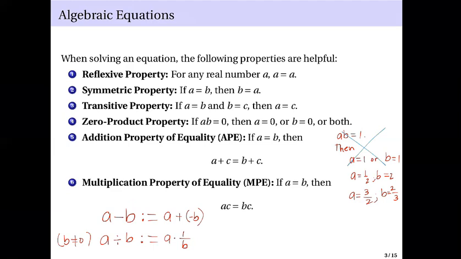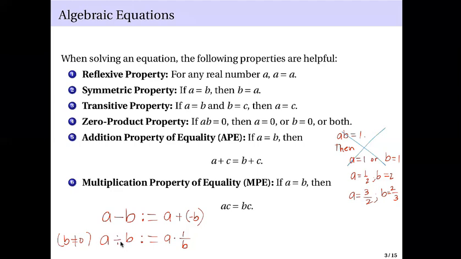You get 1, the reciprocal of 1 is also 1. You get 2, the reciprocal of 2 is 1/2. You get 1/2, the reciprocal of 1/2 is 1 over 1/2, and that's equal to 2.